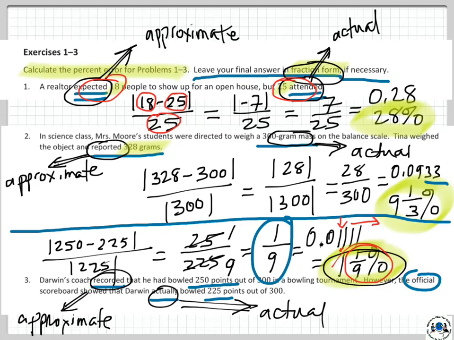Just like repeating threes mean 1/3, repeating ones mean 1/9, and repeating sixes mean 2/3. That's how we translate those, and that will become more automatic for you as you move along.